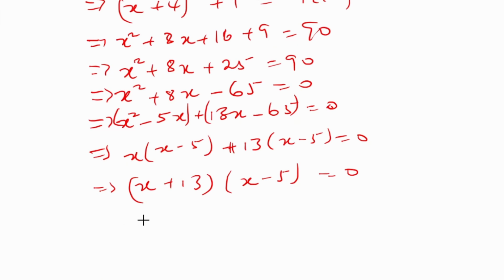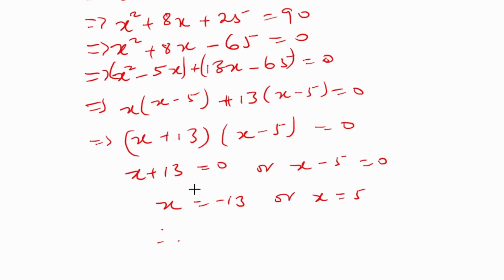Then equating each of them to 0, x plus 13 equals 0 or x minus 5 equals 0. So x will be equal to negative 13 or x will be equal to 5. Therefore, the values of x are negative 13 or 5, and that is the answer to the question.